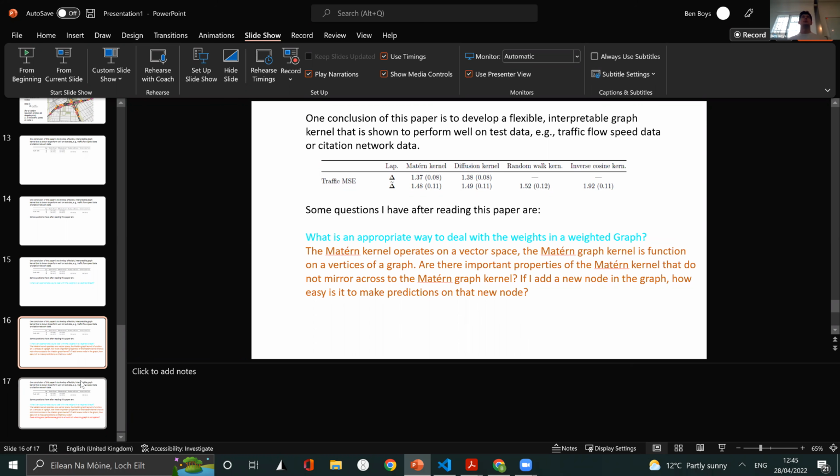So the idea is that the weight would be large if the distance between measurement locations is small. And so therefore there will be a strong relationship between nearby measurement locations. Yeah, it makes sense. If the two nodes are closer, you want them to be more correlated, which means a higher weight.